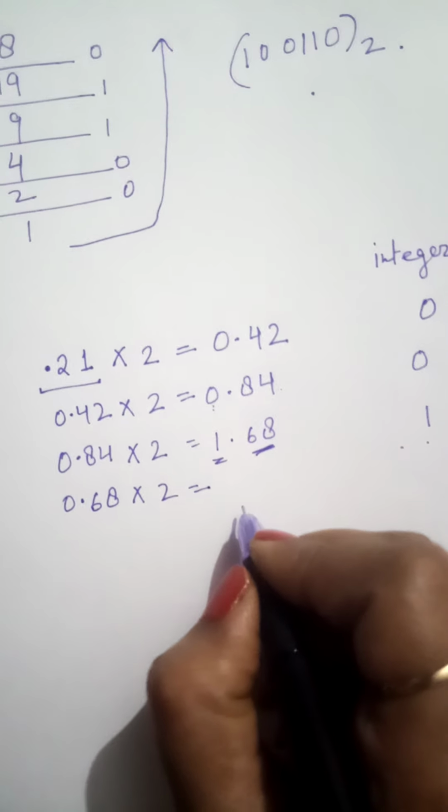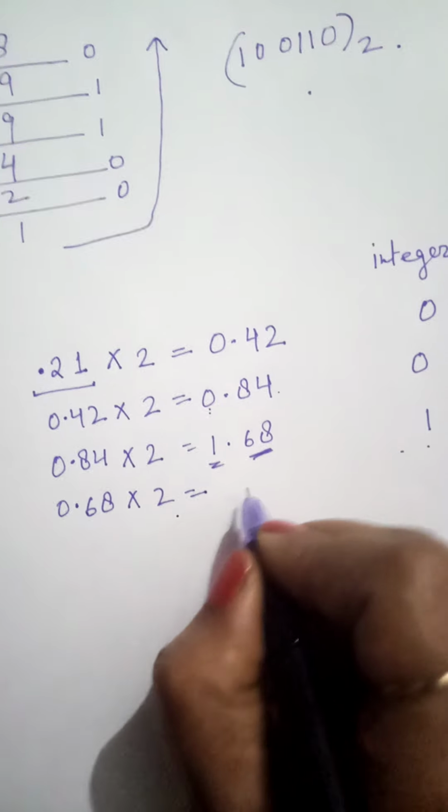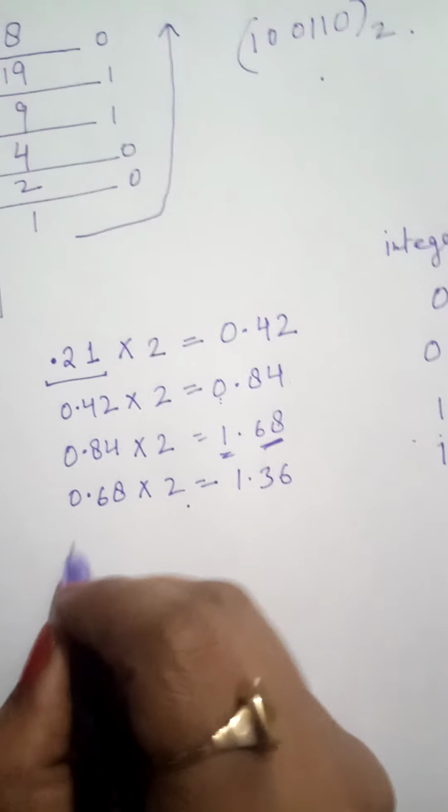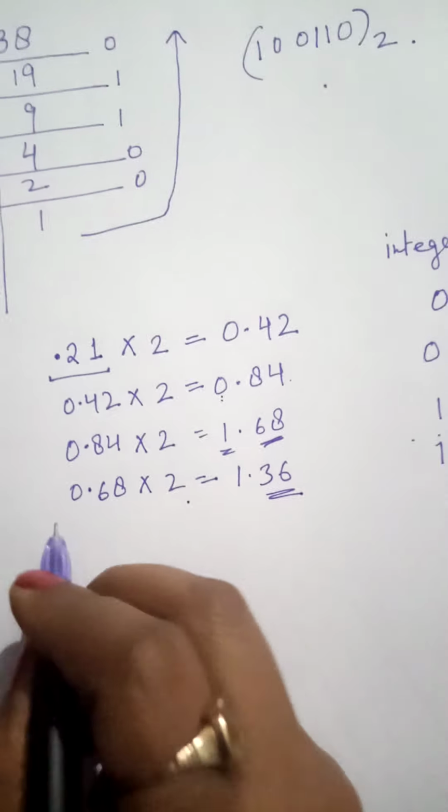Now 0.68 into 2, again you are getting an integer part, again you are getting a fractional part also.